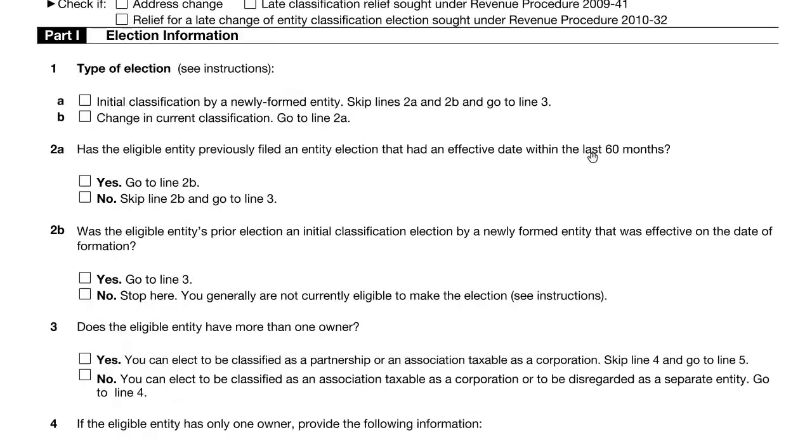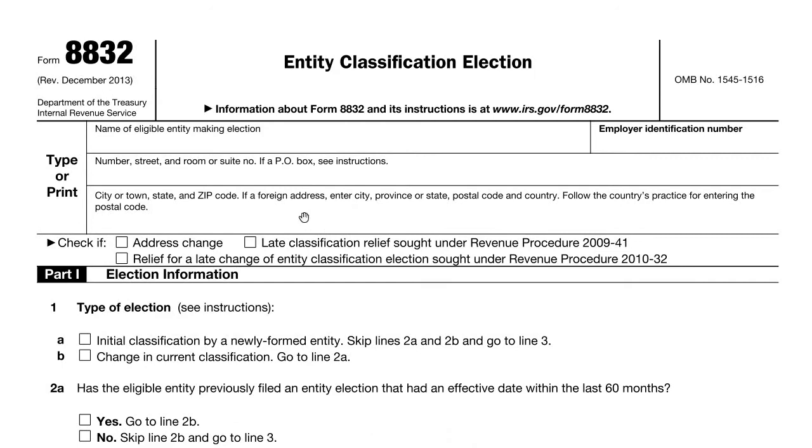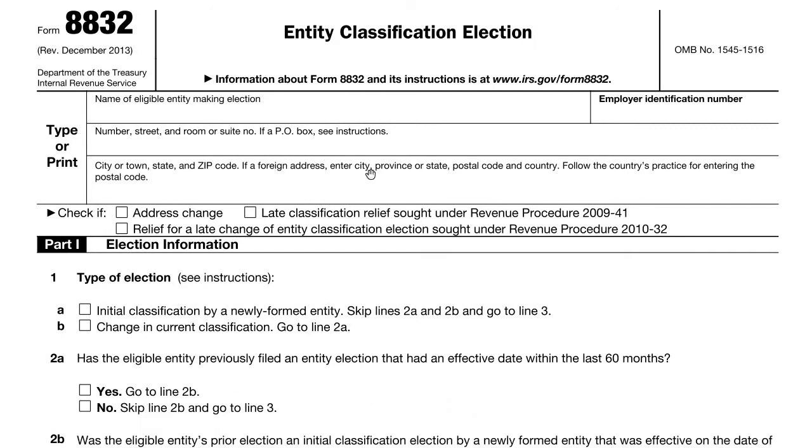Okay, so we'll go back to the front here. So the top section, pretty straightforward, right? You've got the name of the eligible entity, so you've already looked at the list, you've already assessed whether or not it's an eligible entity. If it is an eligible entity, you can go forward with filing this form. So you've got the name of the entity, an EIN. This is really important. You need an EIN in order to file this form.